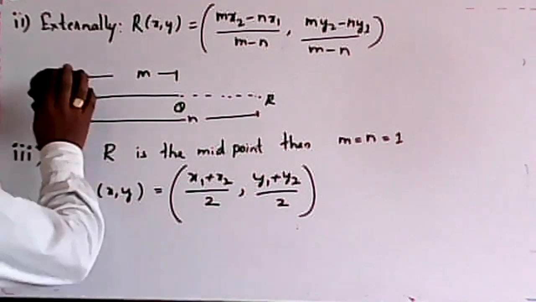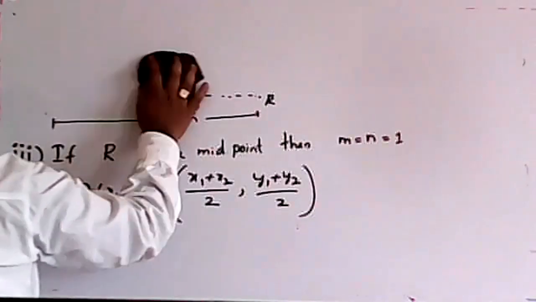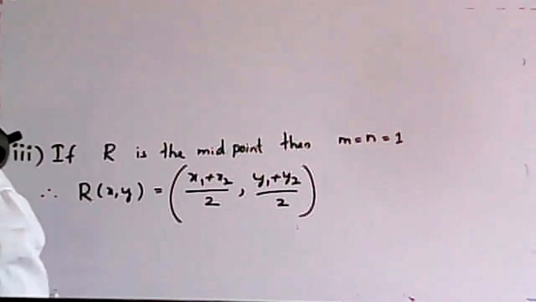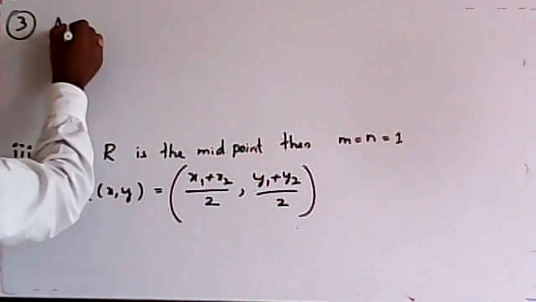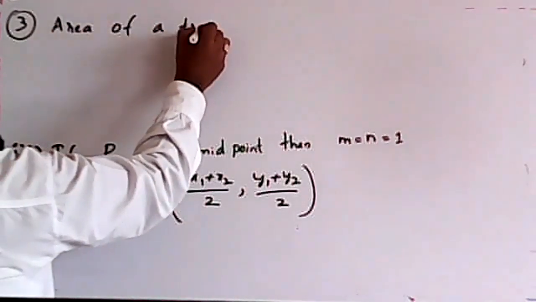We'll go to the next, third point. How we can find using coordinate geometry the area of a triangle. Third formula, area of a triangle.